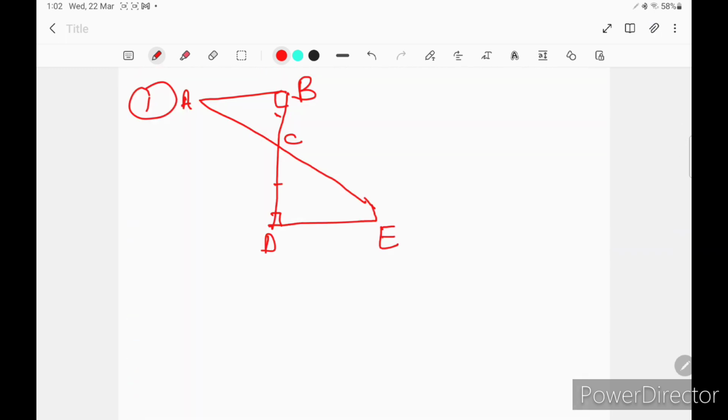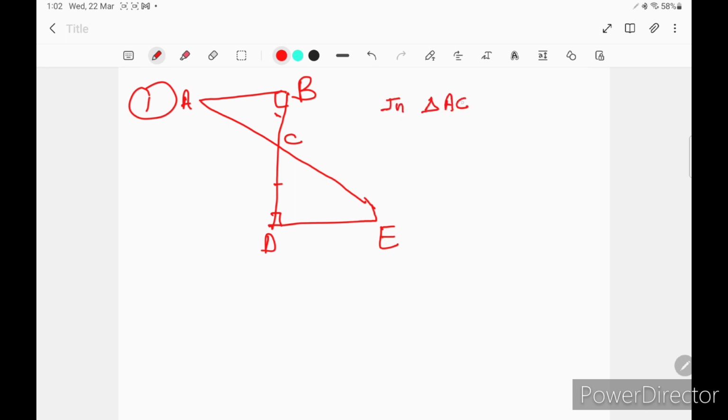Now this diagram is given in the above worksheet. You have to prove that the given triangles are congruent. So how to prove that? First of all, you have to write the names of the triangles.